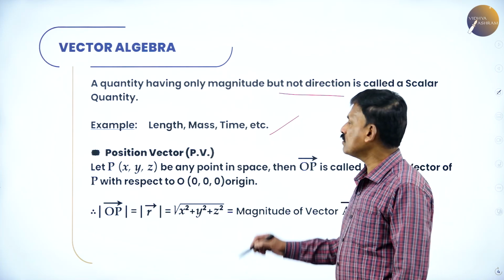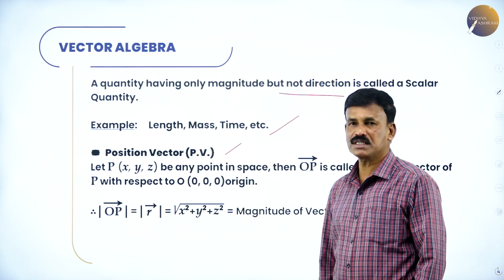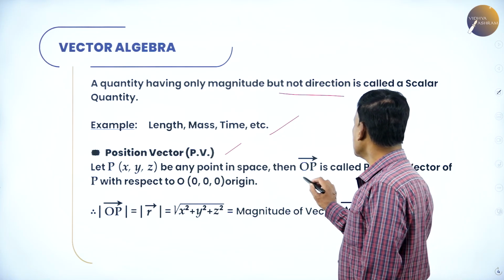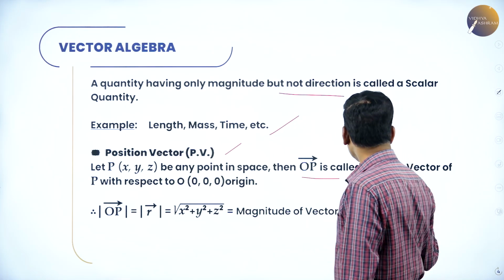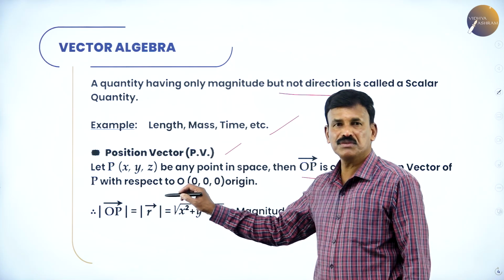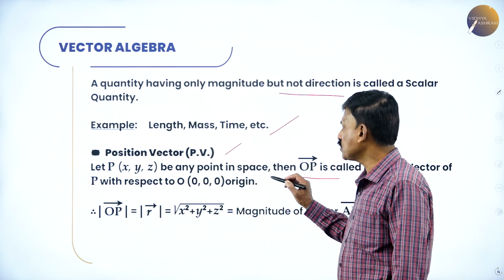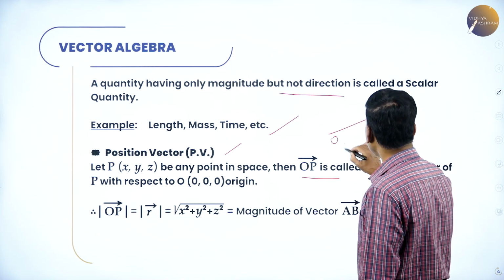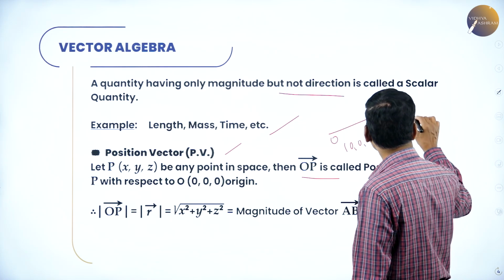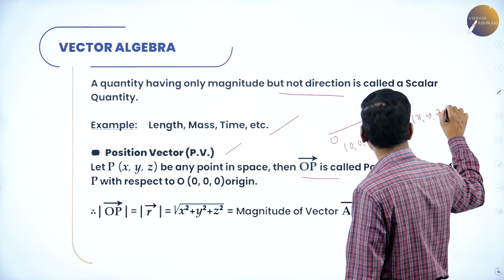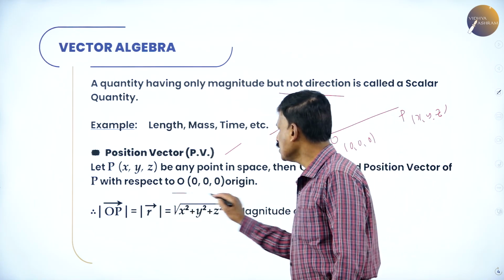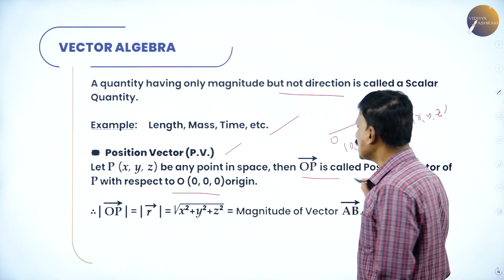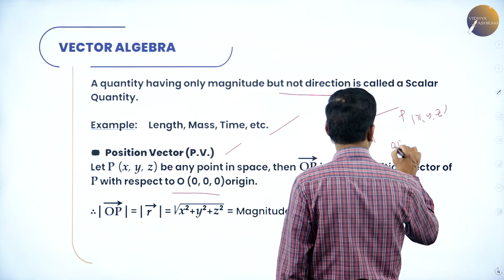The very important concept you might have studied is the position vector of a point. Suppose P(x, y, z) is any point in space, then OP is called the position vector of the point P with respect to the origin O(0, 0, 0). The position vector OP is denoted as vector r, which is equal to xi plus yj plus zk, where i, j, k are the unit vectors.